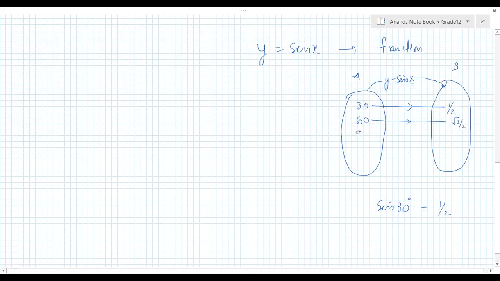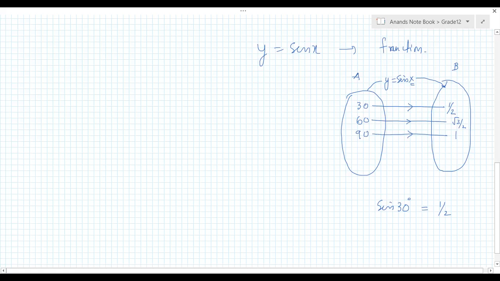If you have 90, or pi by 2 if you are measuring in radians, you will have the value 1, right? So when you use y is equal to sine x, for 30 you get 1 by 2, for 60 you get root 3 by 2, for 90 you get 1. Correct now, guys?